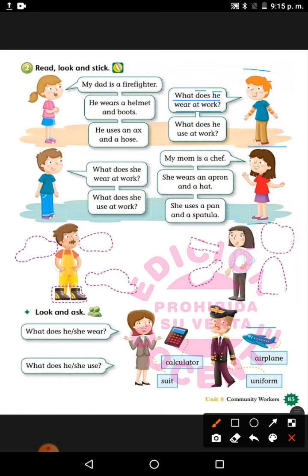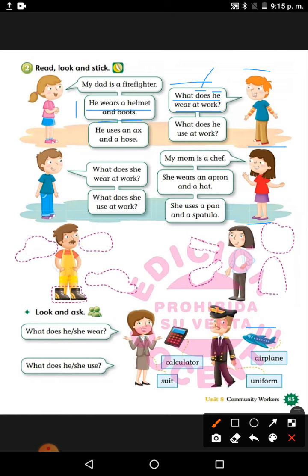Now let's go back to the question. What does he wear at work? As I said before, here in the question we are using the auxiliary does. Now look at the answer for this question. He wears a helmet and boots.